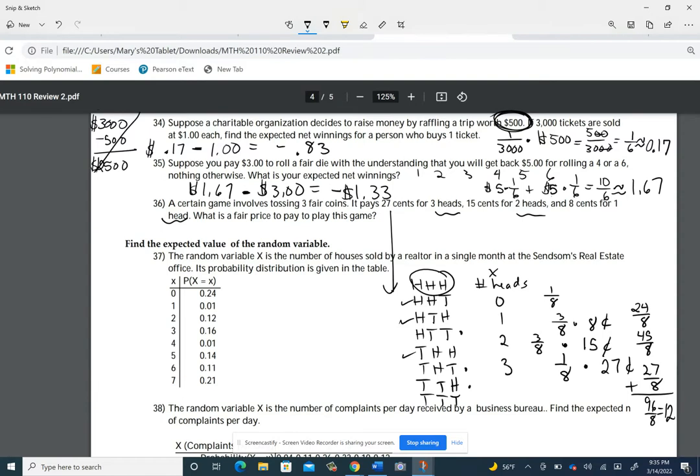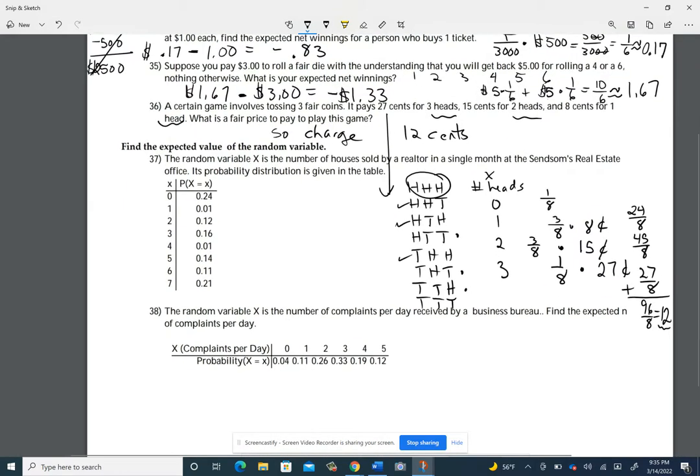Okay, and if I want this to be a fair game, then I should charge 12 cents to play. Then your expected payoff would be 12 cents, and so your net winnings would be 0, which is what it takes to be a fair game. All right, and then we just got a couple more.